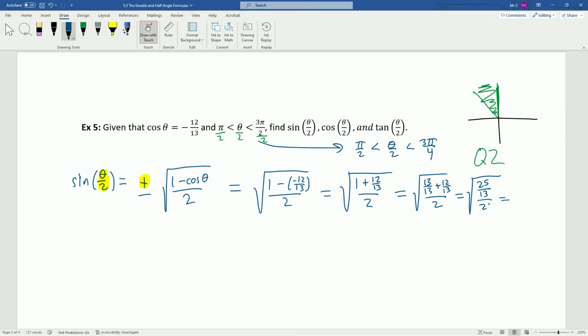But dividing by 2 is the same thing as multiplying by 1/2. So this becomes the square root of 25 over the square root of 26. The square root of 25 is 5, so this is 5 over root 26. And then we can rationalize and multiply by root 26 over root 26. That's 5 root 26 over 26.